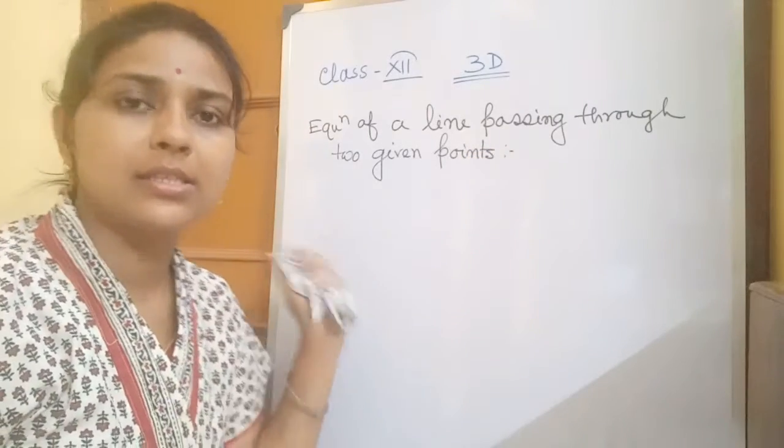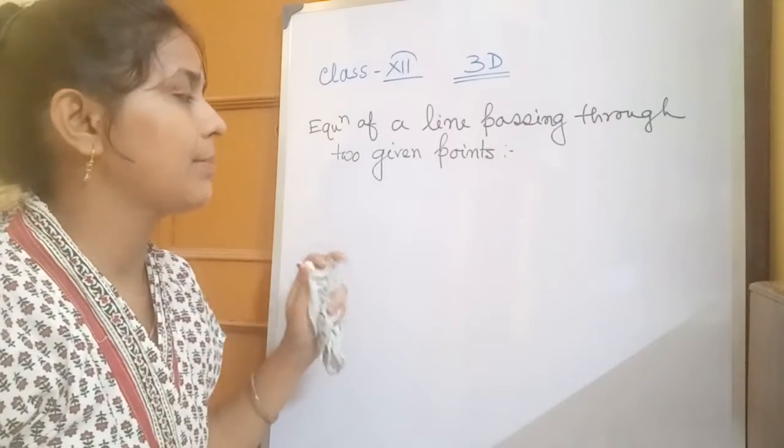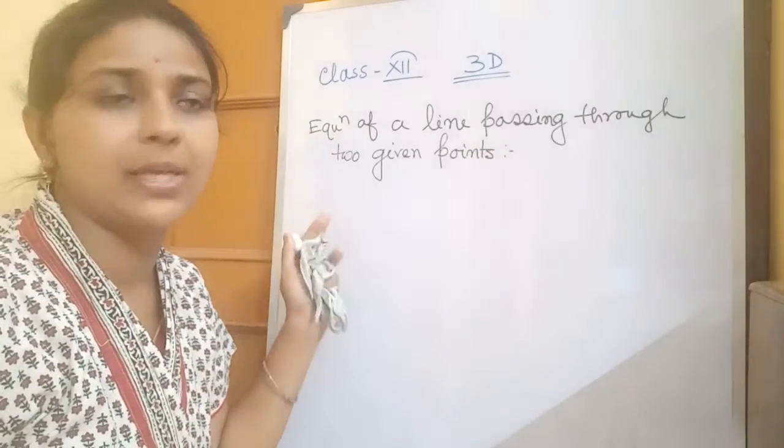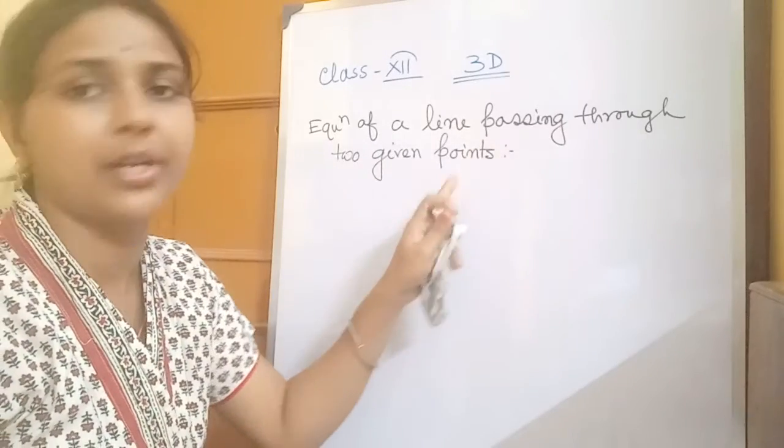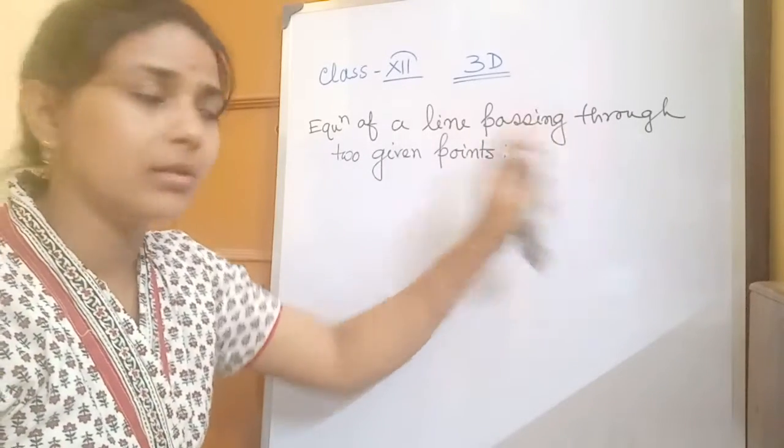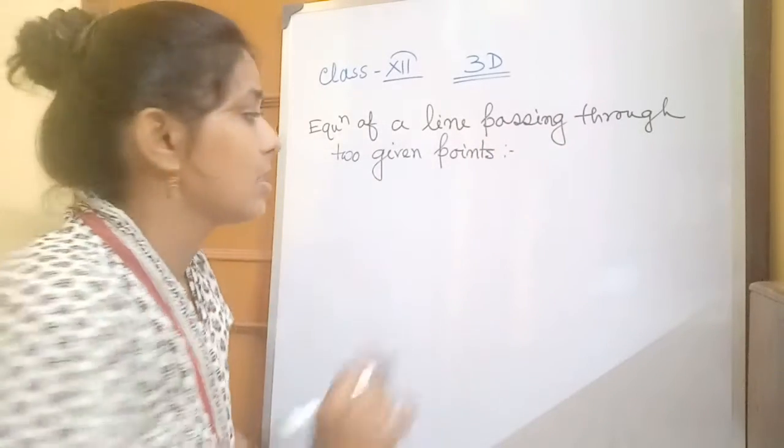Okay, this is the second one. Equation of a line passing through two given points. Previously it was passing through one given point and parallel to one given vector.